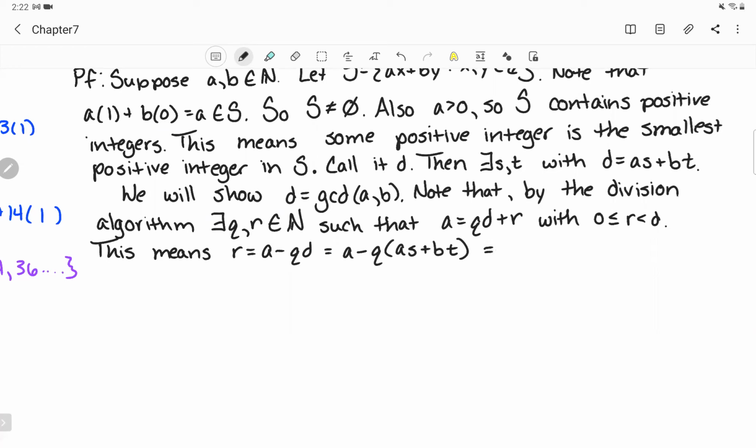Now, doing a bit of algebra, that rearranges to A times (1 minus QS) plus B times (negative QT). Should it be a negative QT? It should, sorry. So I did some algebra and some substitution there. Does everyone see the steps?